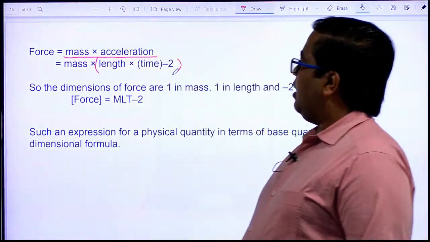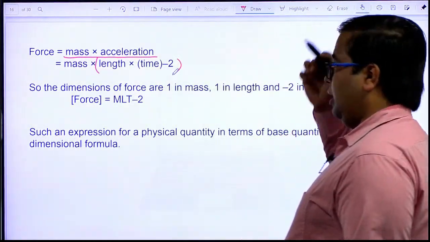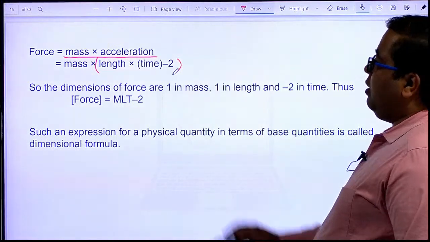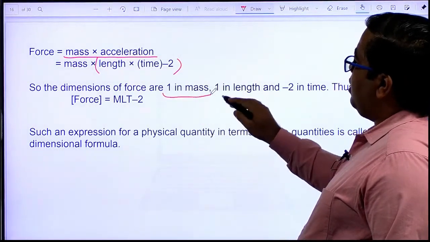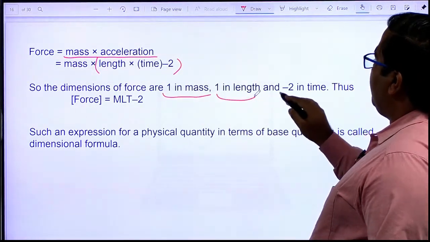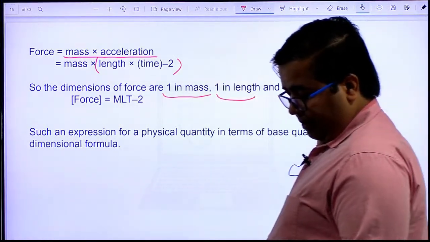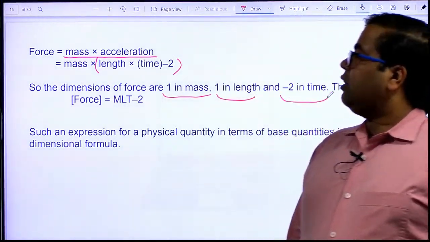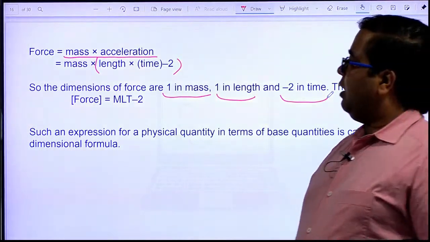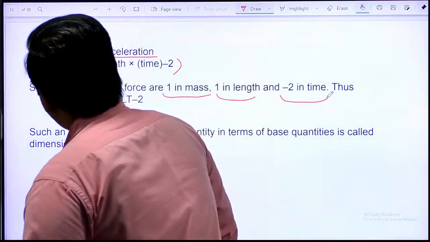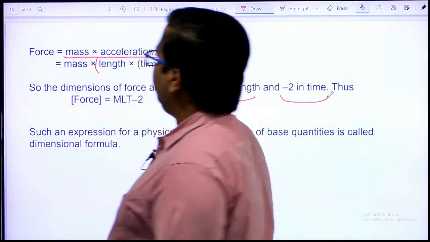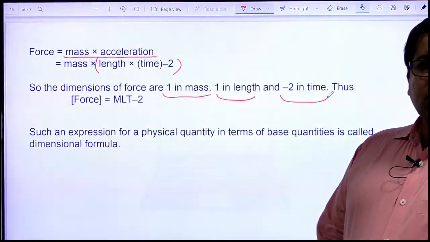So the dimensions of force are 1 in mass, 1 in length, and -2 in time.